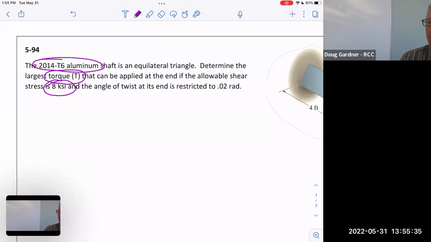That's just the reverse of using the equation a second ago, when we said it was T times C divided by J and we knew what the torque was. Here we know this is 8,000 and we don't know what that is. This is like putting a limit on something: don't turn that wrench any harder than this, or it's going to break off.